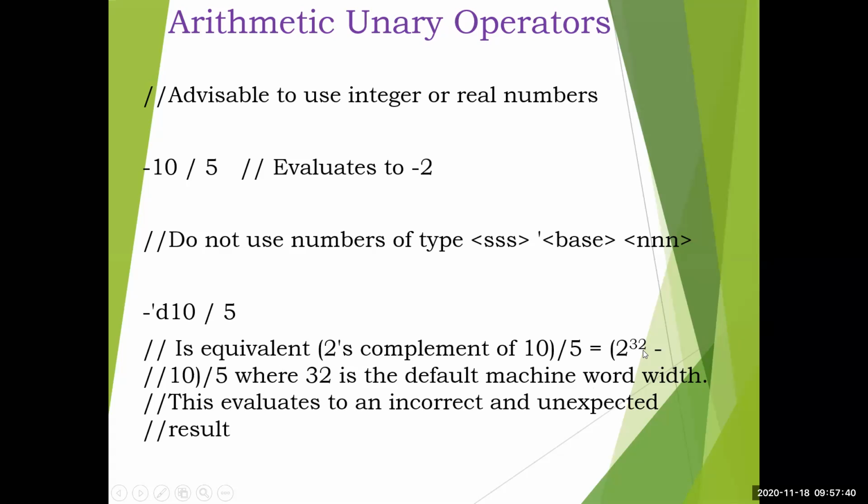So then it will evaluate to 2 to the power 64 minus 10. Because it uses the 2's complement format, it gives incorrect and unexpected results. That's why we should not use numbers of this type in expressions. Okay, fine.